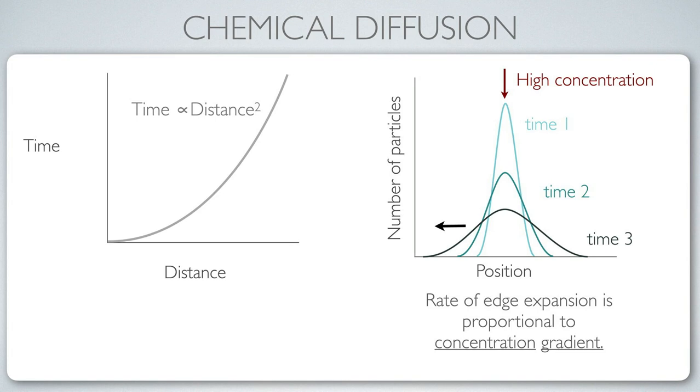Now, if we take some physiologically relevant scales, let's just say at the membrane scale of a cell, then this margin of the population of particles is going to diffuse 20 nanometers in about 1 millisecond, or 1/1000th of a second. That's pretty quick. 1 millisecond is fast. And so what we can see is that diffusion on that scale, a subcellular scale, is quite rapid and quite effective.